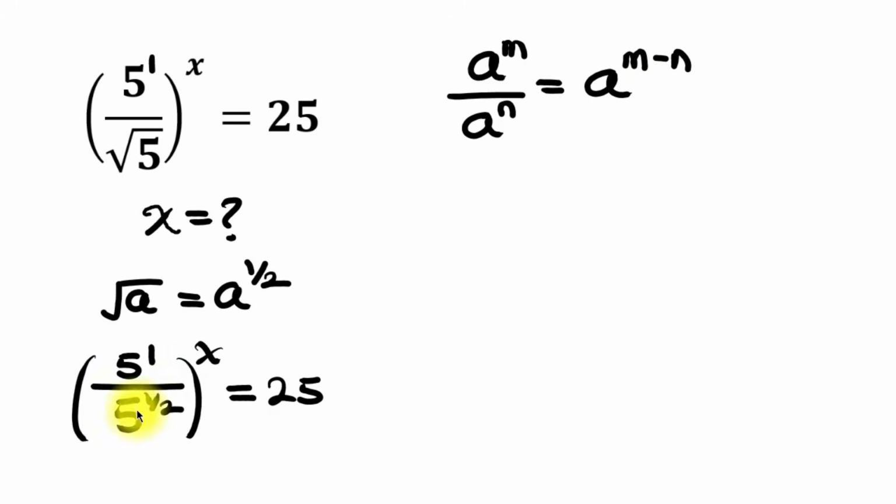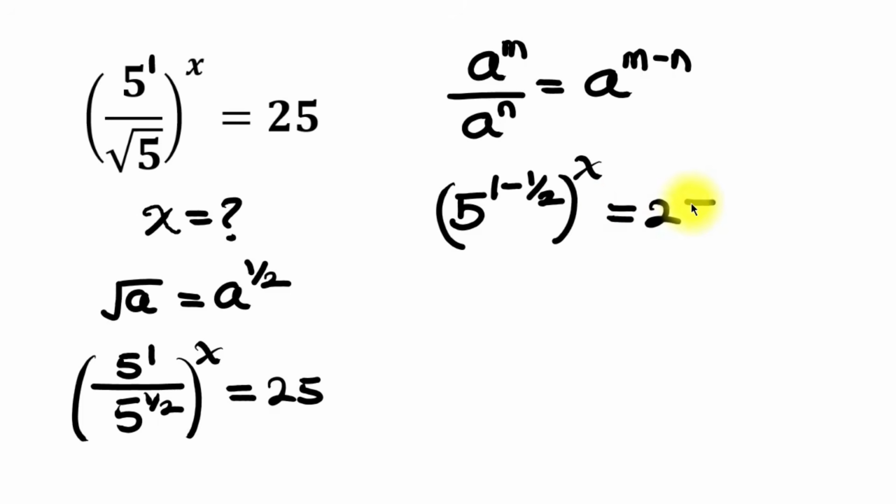Now let's do this to what I have here. So we have 5 here as the base, 5 here as the base. So we write one of the 5 and then subtract the powers. So we have 1 minus half. Good. And this is raised to the power of x, and this is equal to 25. Very good. It is getting simpler.